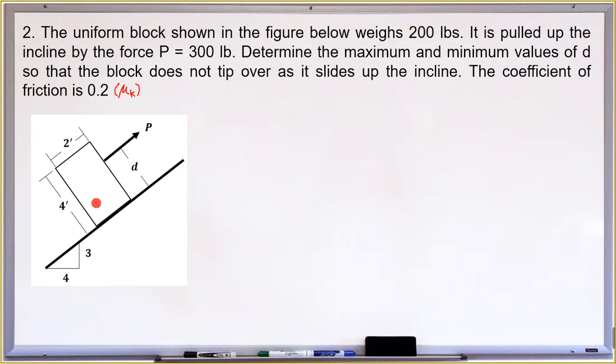So this object, this block that rests on the inclined plane, we cannot treat this as a particle, especially since the requirement here is distance. It talks on the distance of one of the external forces.